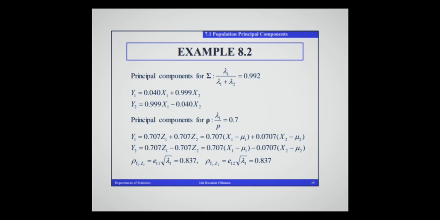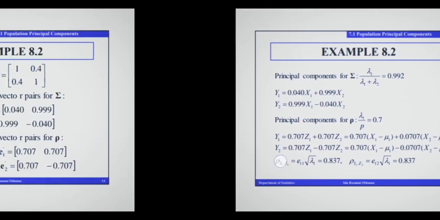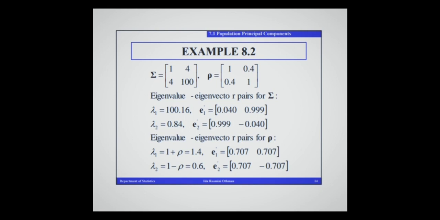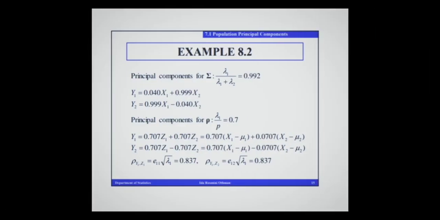So multiply with E11, which is an element in the normalized eigenvector. So 0.707 multiplied by the square root of 1.4, you will get 0.837.